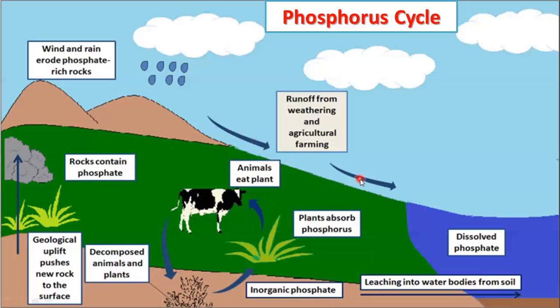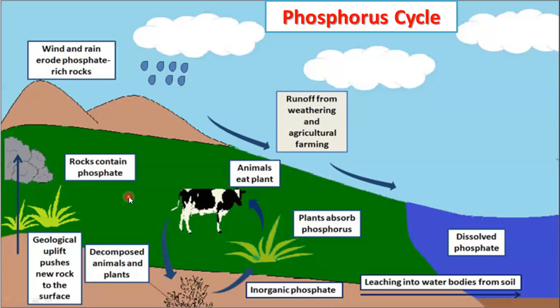Means here transfer of phosphate takes place from the earth's surface to the river with the help of running water. And after the river, when the river goes to the ocean, in this way phosphorus is transferred from river to the ocean.